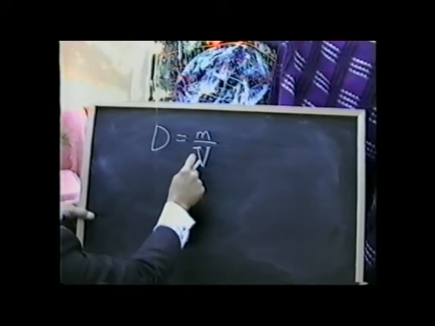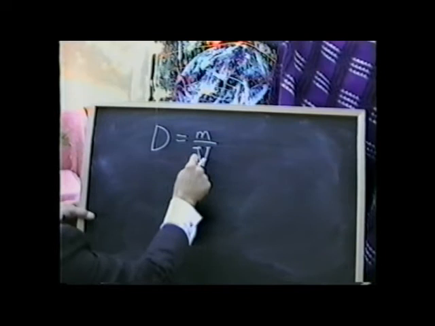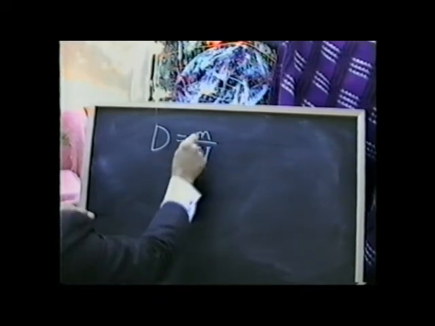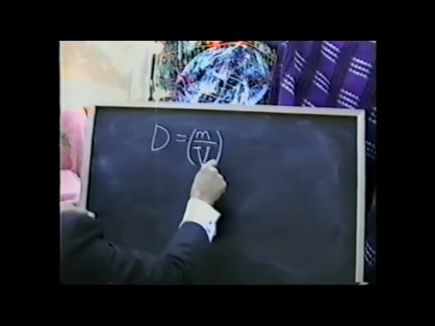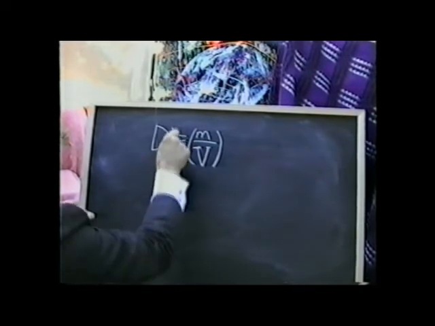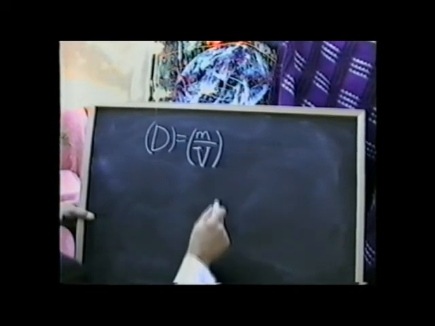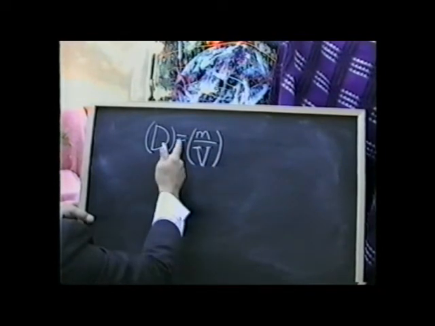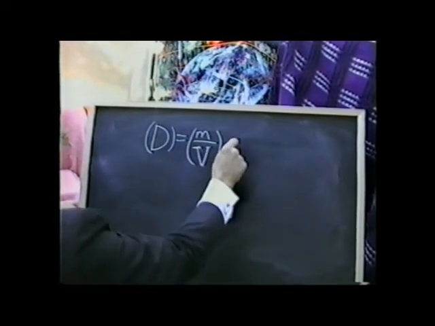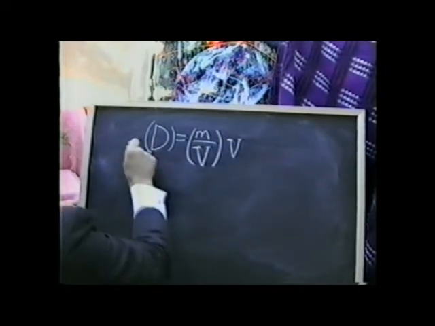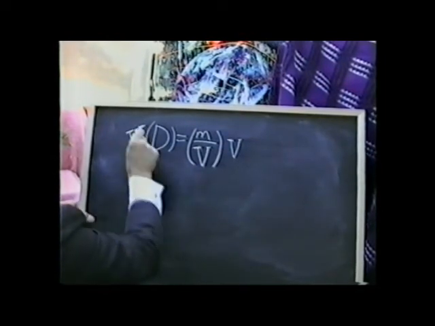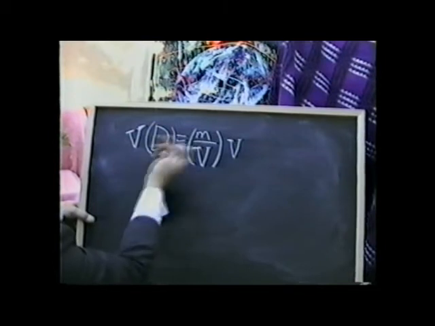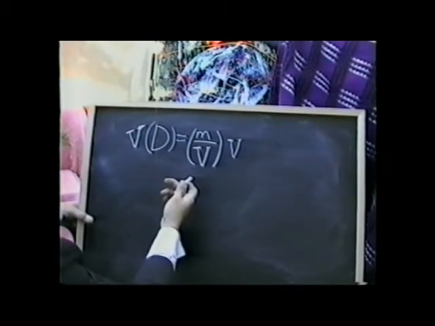So say we want to know what the volume of something is. The power of the equal sign, and this is where the parentheses for multiplication come in extremely handy. We want to multiply both sides of the equation by volume. The reason we want to do this is because we want the volume equal to what we're looking for.